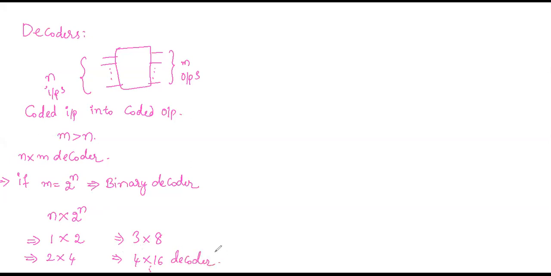Binary decoder. Let us look at the 2 by 4 binary decoder. Here, the first term indicates the number of inputs, and the second term indicates the number of outputs.